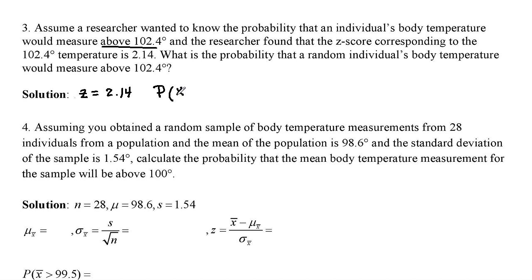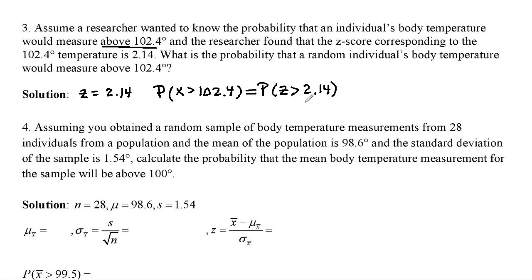So the individual body temperatures, those are x values. So we're asking, what's the probability that x is greater than 102.4? Well, the z-score being 2.14 is saying that probability corresponds to z-scores, normal distribution, being greater than 2.14.